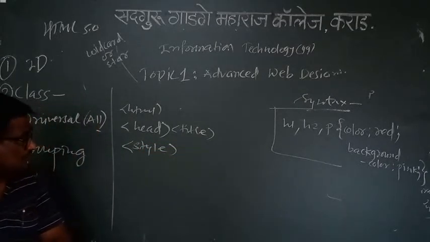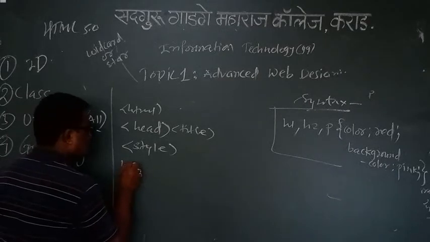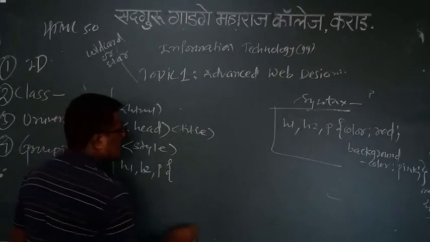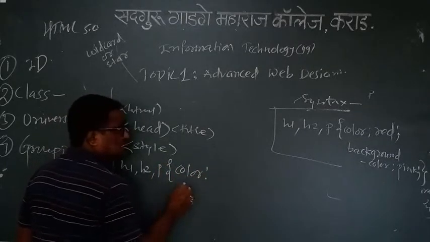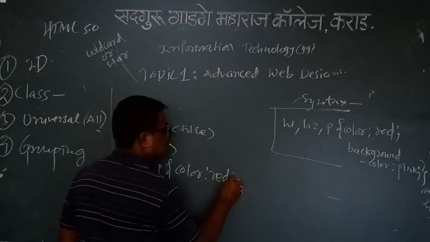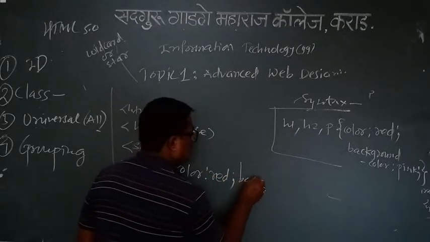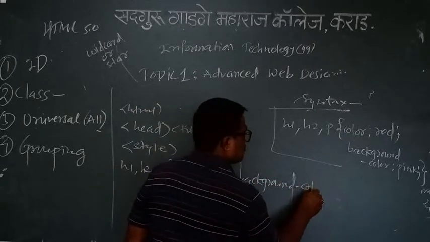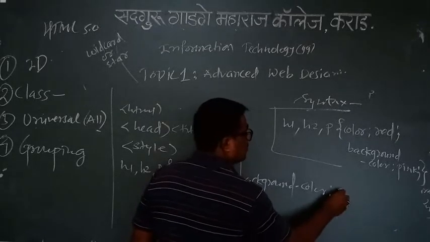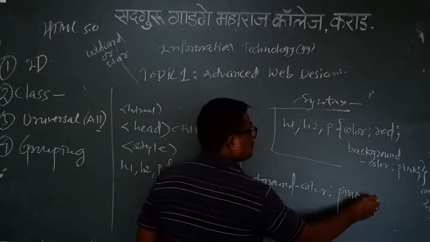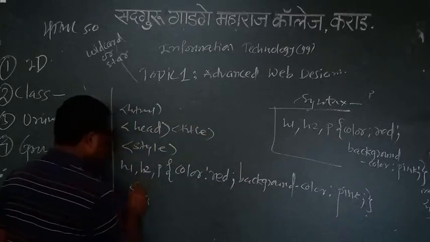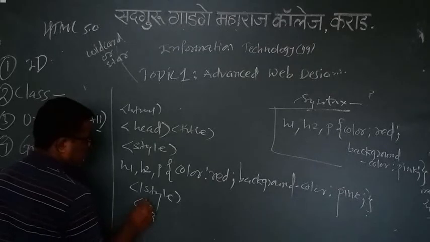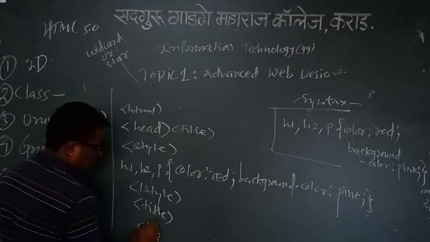For that grouping, write here H1, H2, P tag, and color is, that is the text color is red, and background color is pink. Okay, style close, title close, head close.